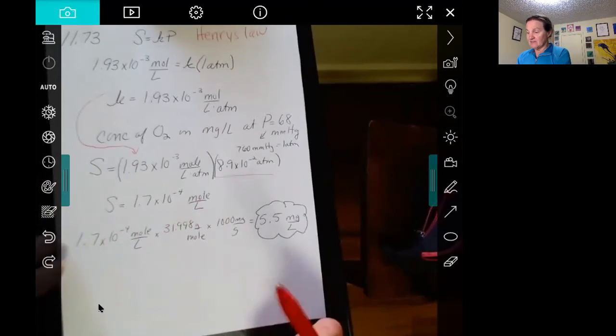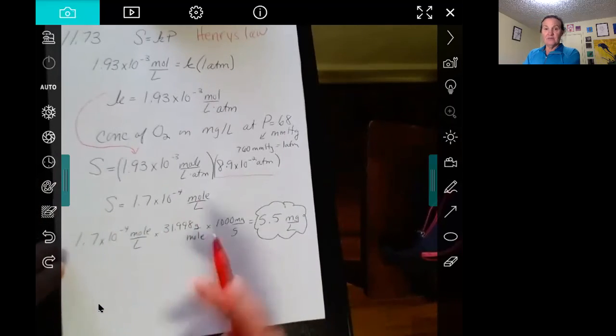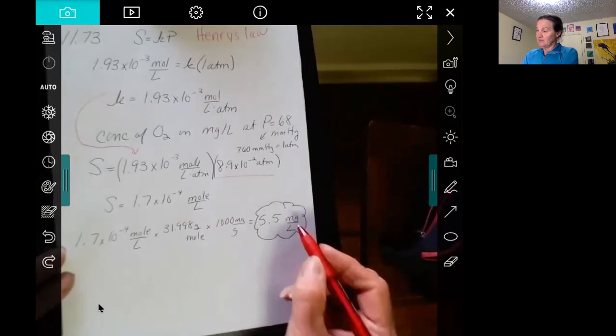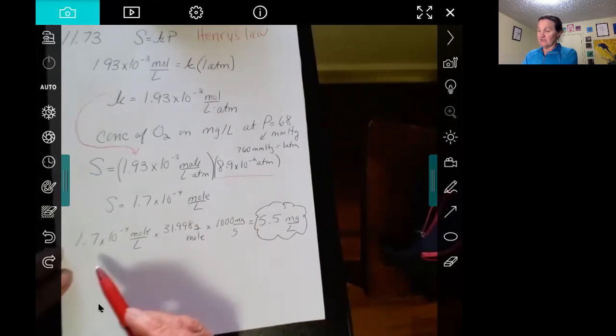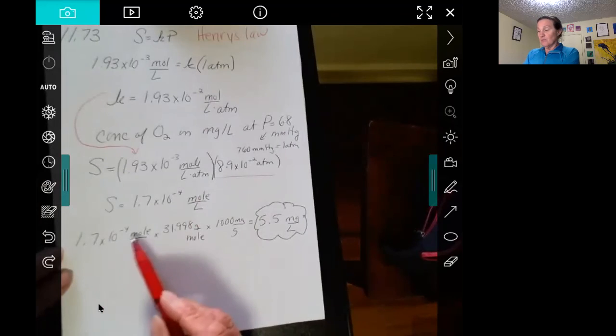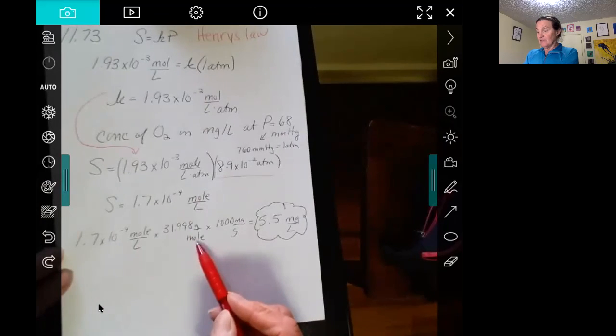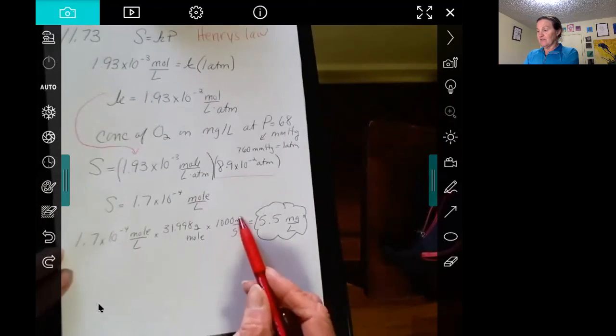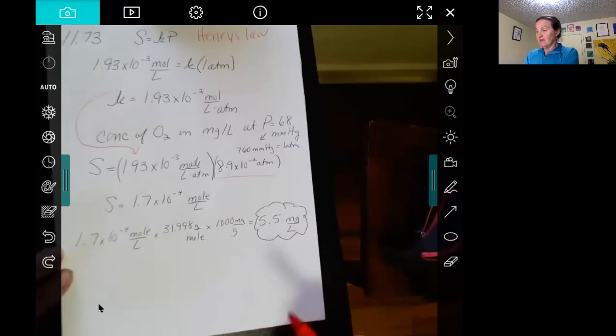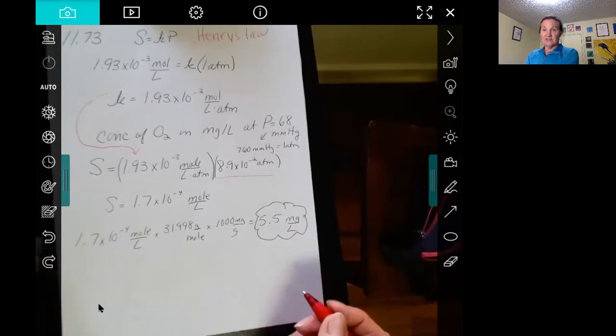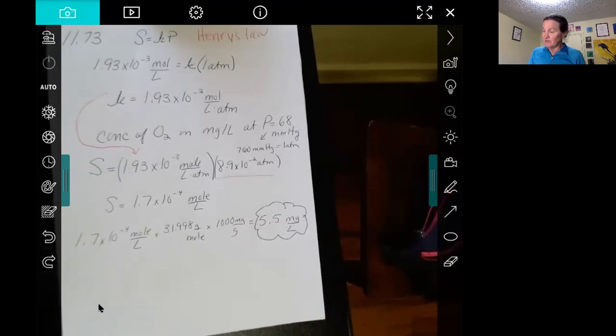And then my last step, because it's often given in units of milligrams per liter, I just have to convert that. If I convert 1.7 times 10 to the minus 4 moles per liter to grams per liter and then to milligrams per liter, I end up with 5.5 milligrams per liter of oxygen that would be in my blood at this pressure.